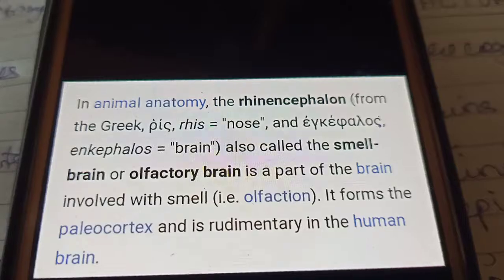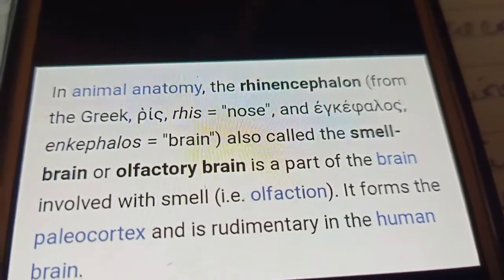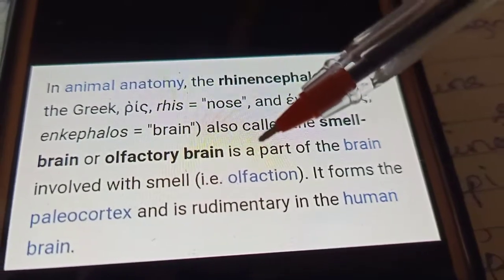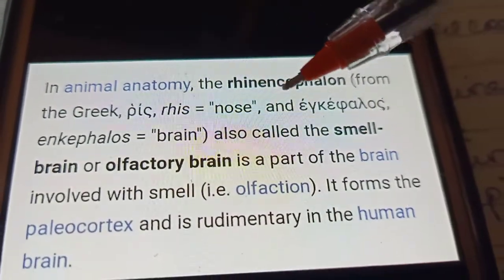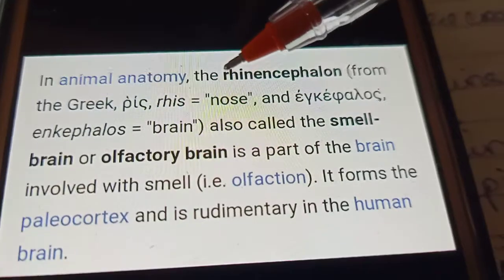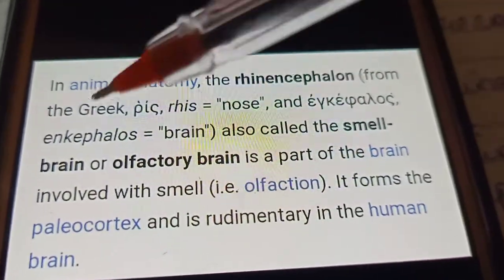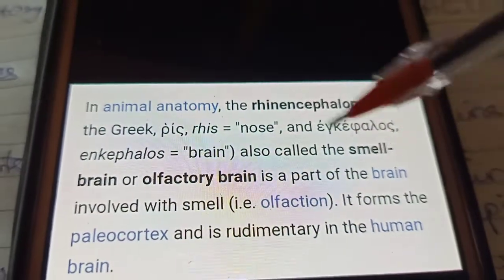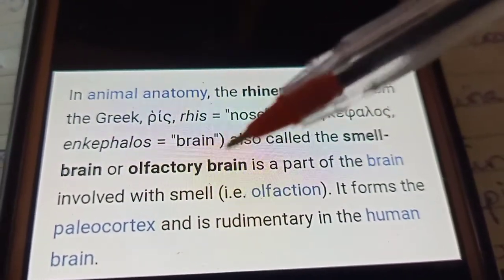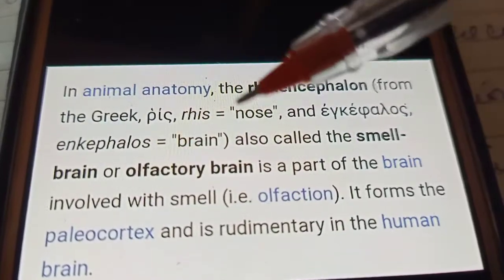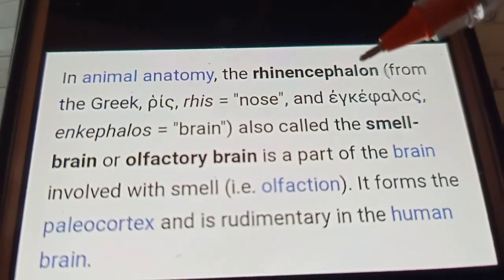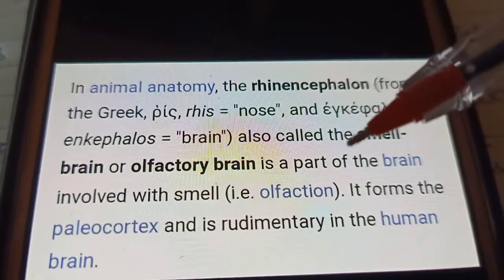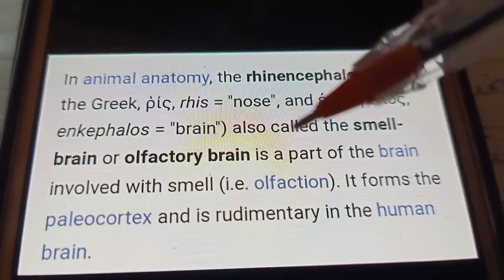In animal anatomy, rhinencephalon is also called the smell brain or olfactory brain, a part of the brain involved in the sense of smell.